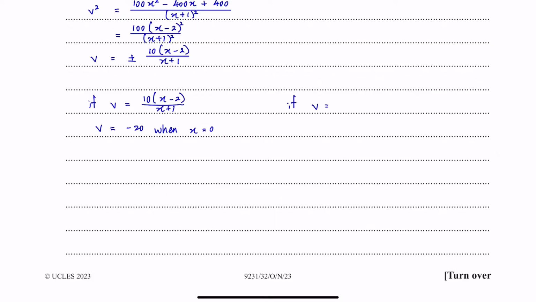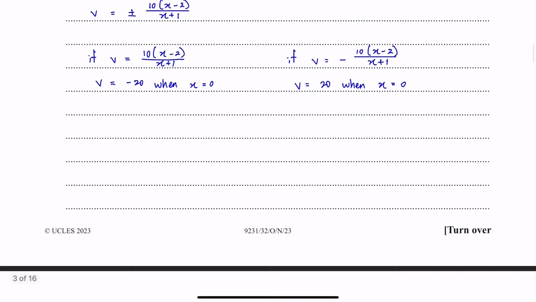If v is negative 10 times (x minus 2) over (x plus 1) instead, v would be equal to 20 when x is 0. And therefore, we have v equals to negative 10 times (x minus 2) over (x plus 1).